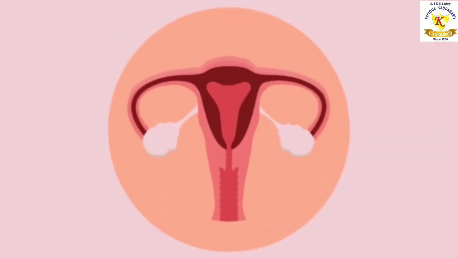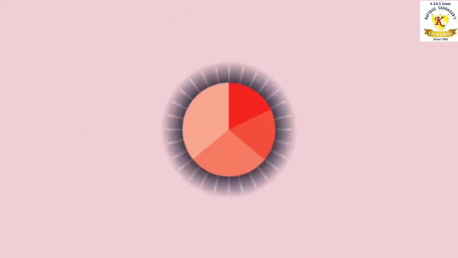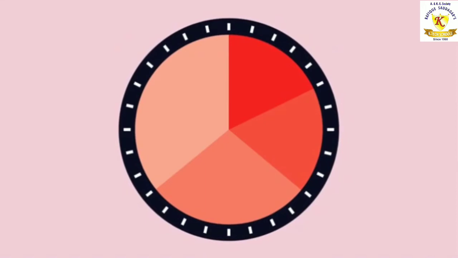If pregnancy does not occur, the lining breaks down and is expelled from the uterus. This is known as menstruation. Now, the menstrual cycle usually lasts about 28 days.